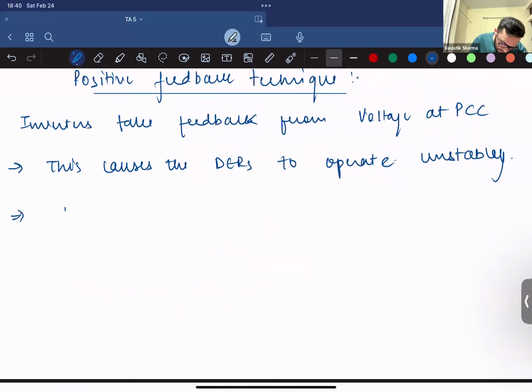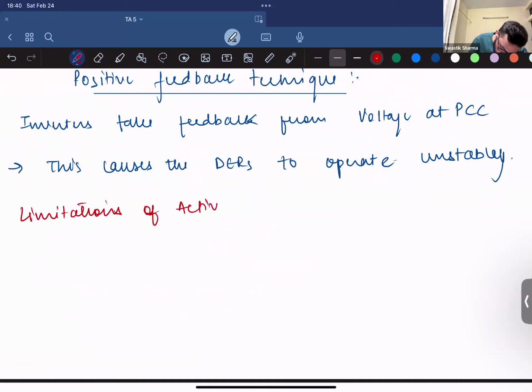Let me briefly summarize so that all are on the same page. We'll talk about both active and passive.